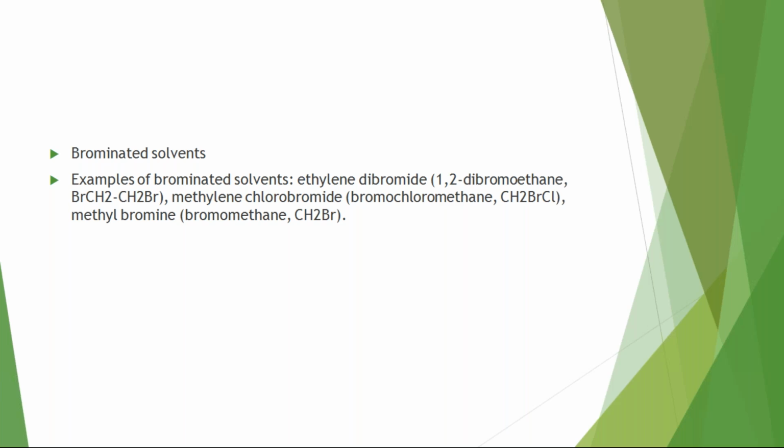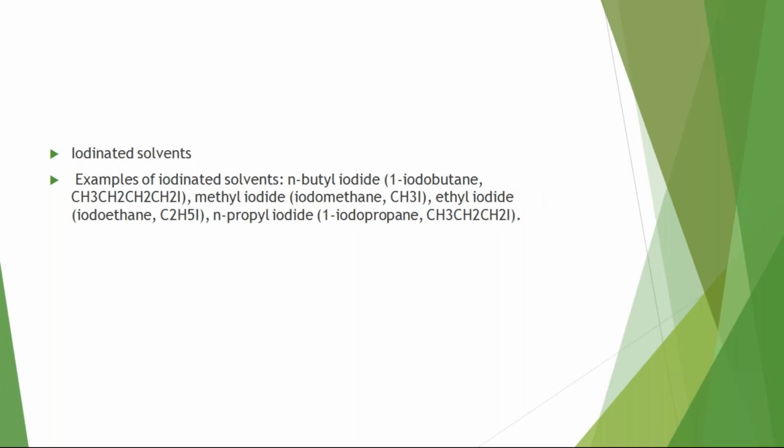Example: ethylene dibromide, methylene chlorobromide, and methyl bromide. Next is iodinated solvents. Here we have n-butyl iodide, methyl iodide, ethyl iodide, and n-propyl iodide.